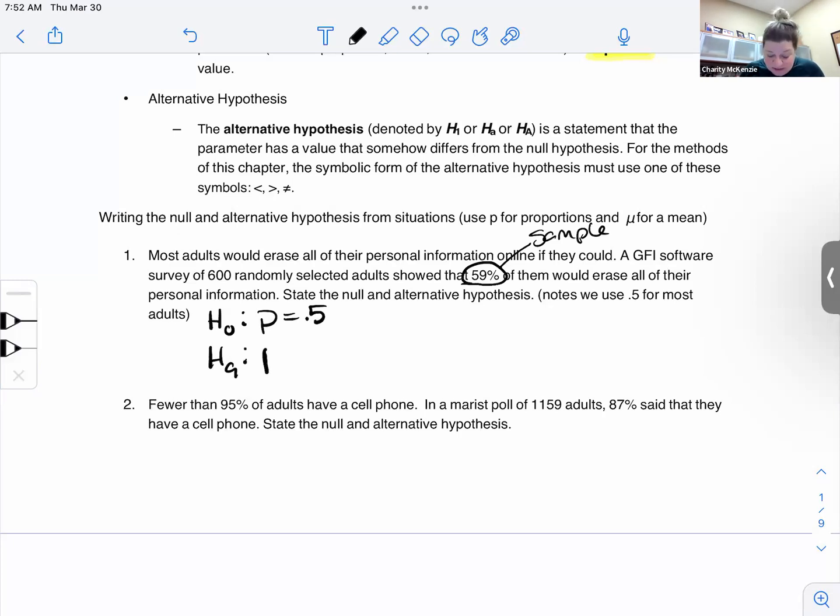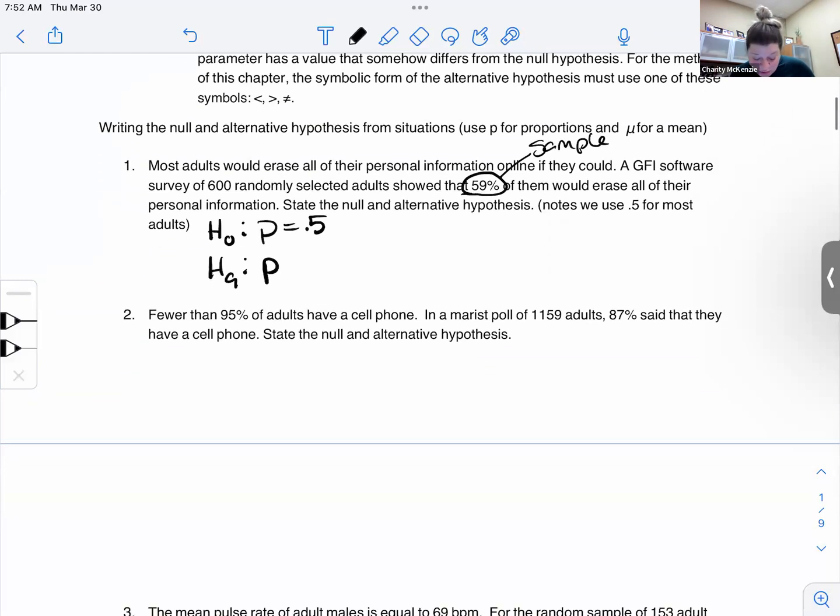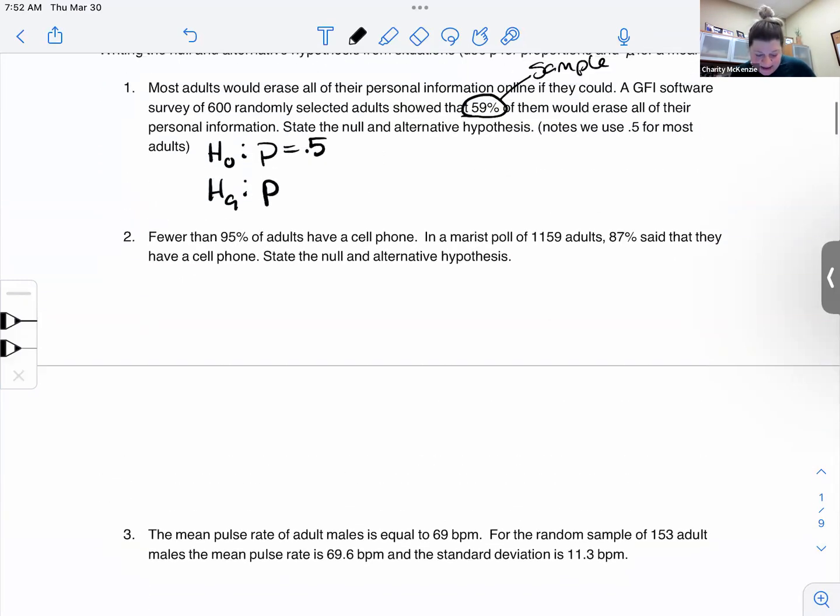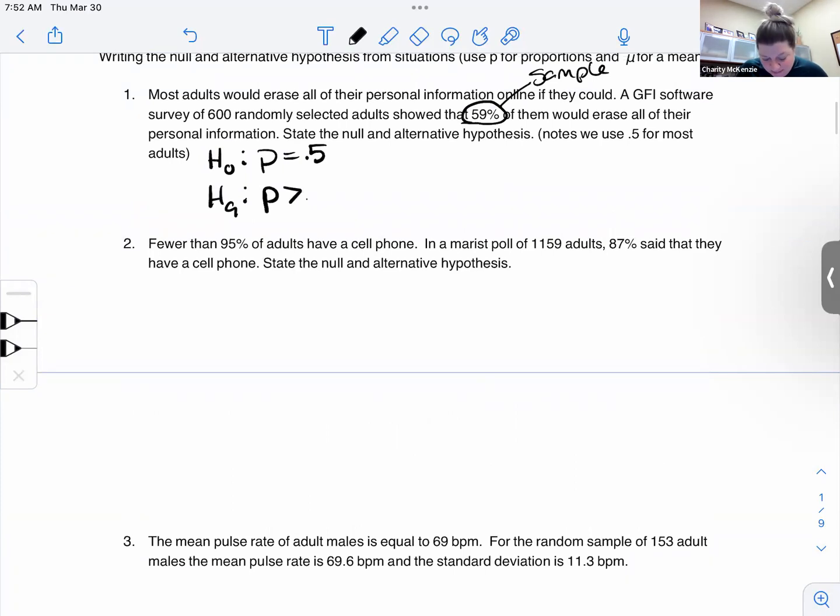And then we still use a P. Now, is it going to be equal, not equal, greater than, or less than when it says most adults would erase theirs, right? Then it would have to be greater than 0.5. Okay, so our null is equal to 0.5, half, and our alternative would be greater than half.